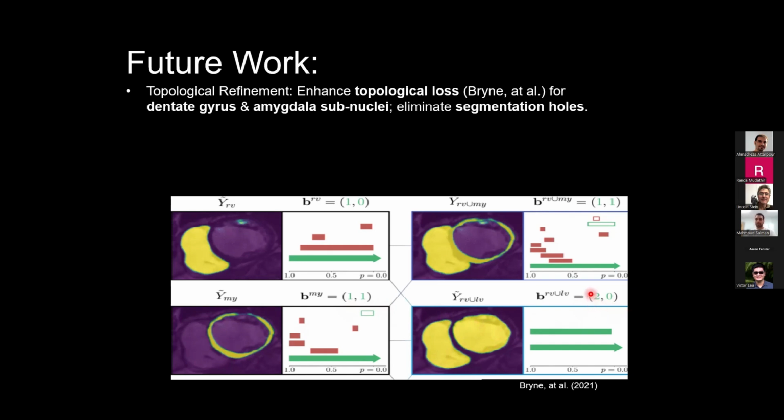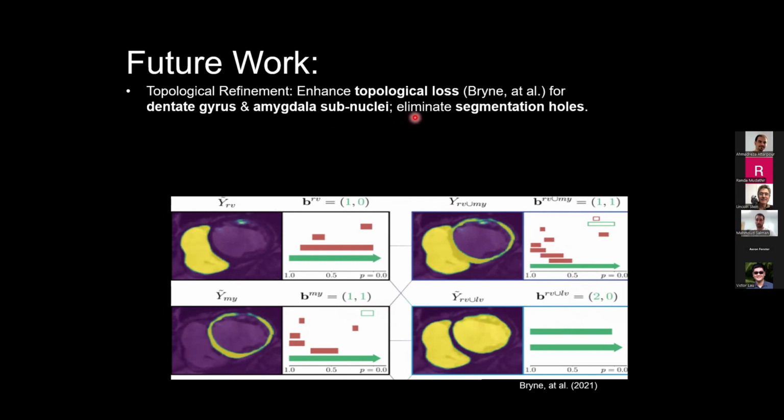So actually, if we can apply this topological loss with SenseSeg, then we can enforce the model to respect the topology of the dentate gyrus, because it's really important and it can already be treated as a subfield. And SenseSeg didn't show that great a result on the dentate gyrus, and we could also respect the whole amygdala subnuclei topology.